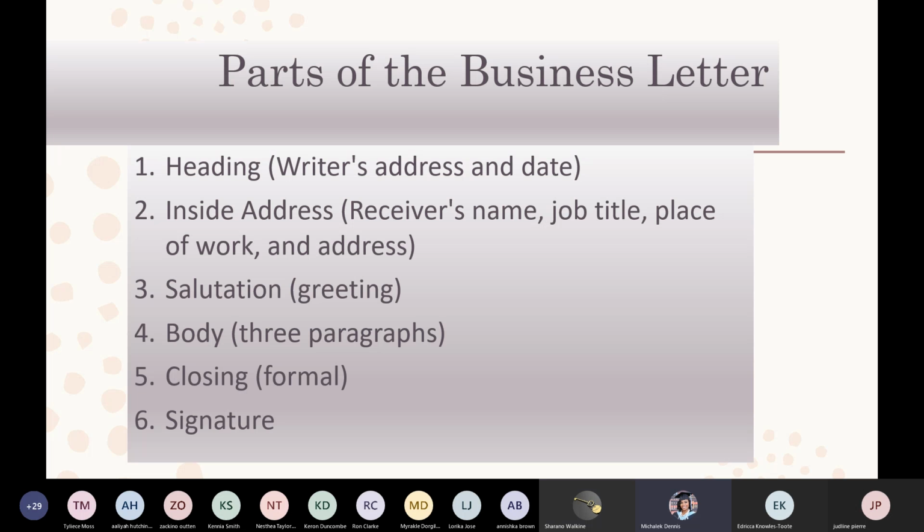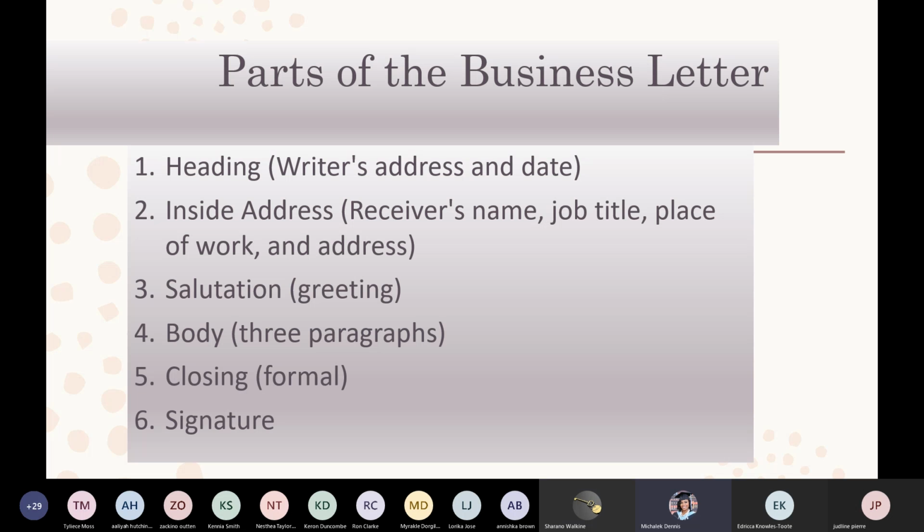So let's just say we're writing a letter to our principal, right? So we have Mistress, I won't say her first name, Mistress blank, right? Then we have her job title, which is principal. Where does she work?